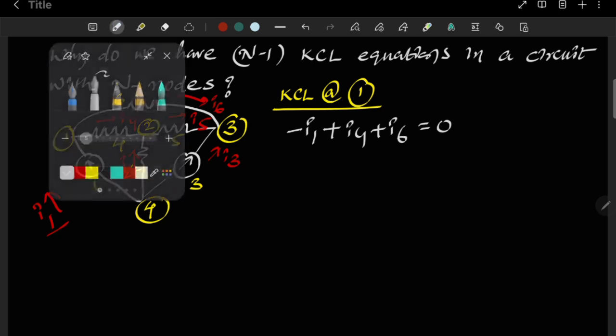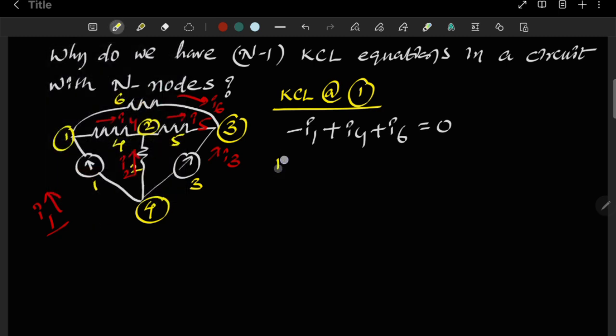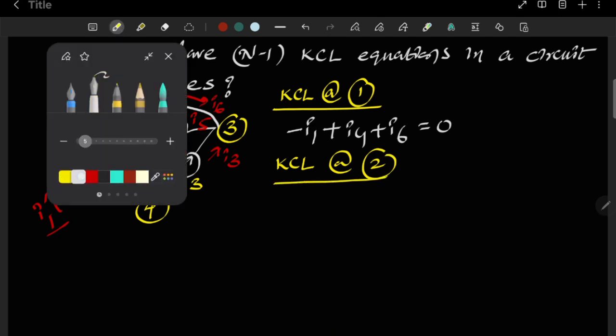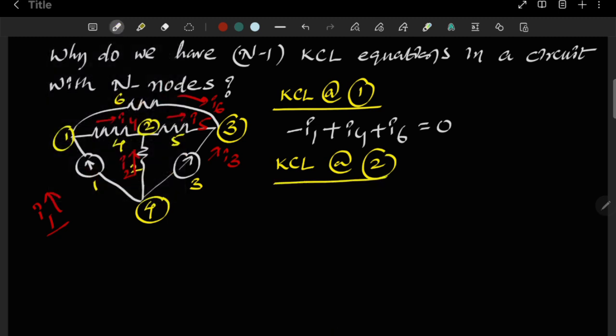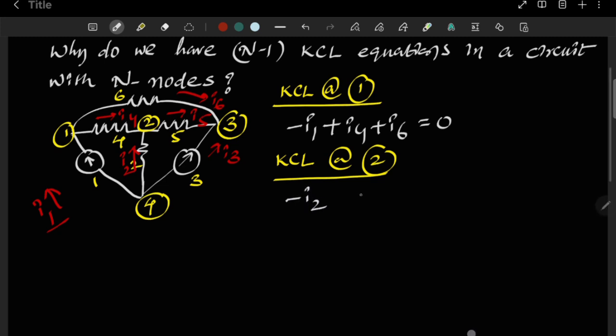Then KCL at node 2. At node 2 also 3 branches are connected, so 3 currents. I2 is entering, so minus I2, and I4 is also entering, so minus I4, and I5 is leaving, so plus I5 is equal to 0.